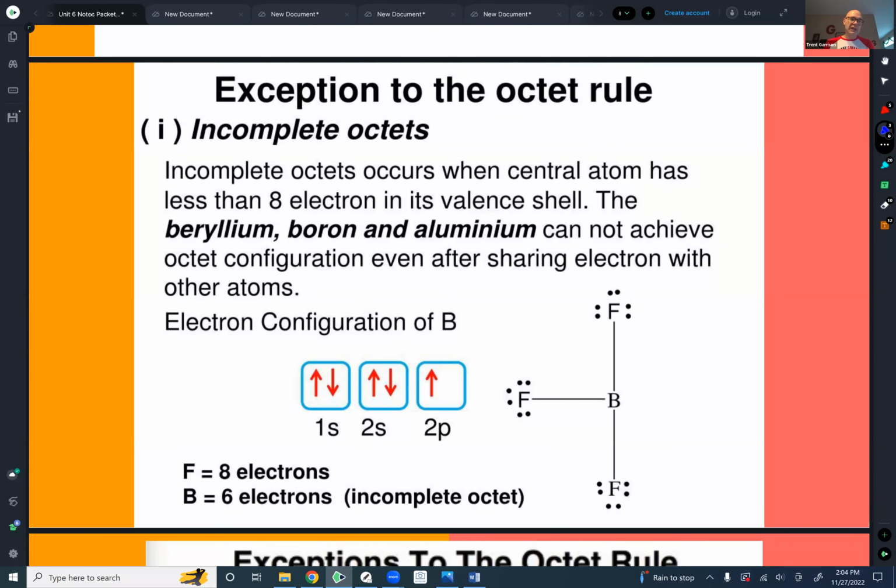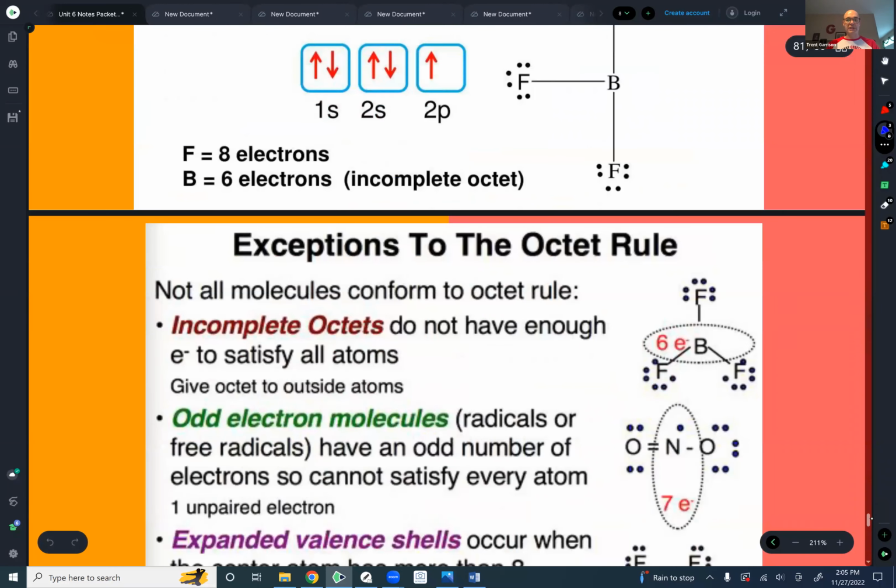So if you are ever given a molecule such as boron trifluoride, don't panic and try and say it can't exist. There are three of these elements on the periodic table which create these incomplete octets, or you could call them sextets. And so they can bond and they are happy as long as everyone has the correct number of valence electrons used around them, then we are good.